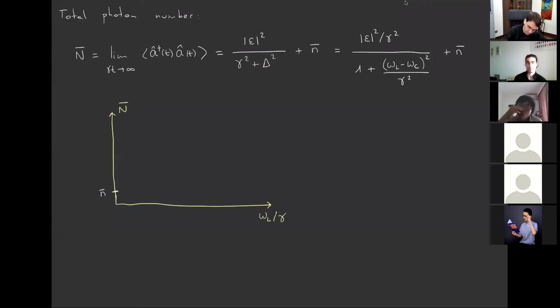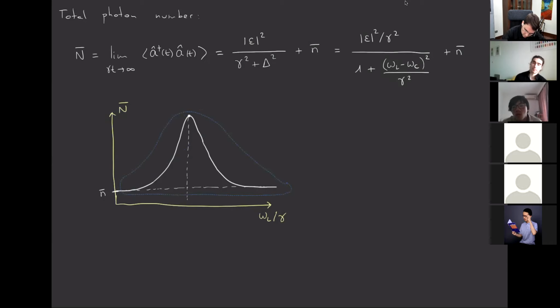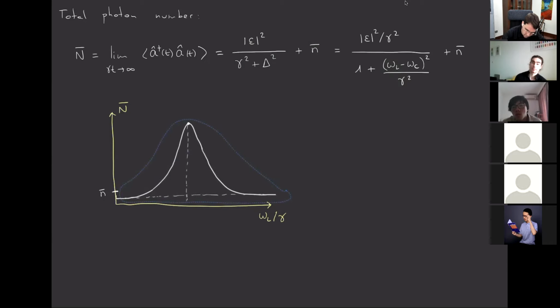So it starts at n bar. This n is a contribution that is independent of the frequency. And then we have here some function that looks like this. Okay, and this is a Lorentzian. So let me write it down a bit more.